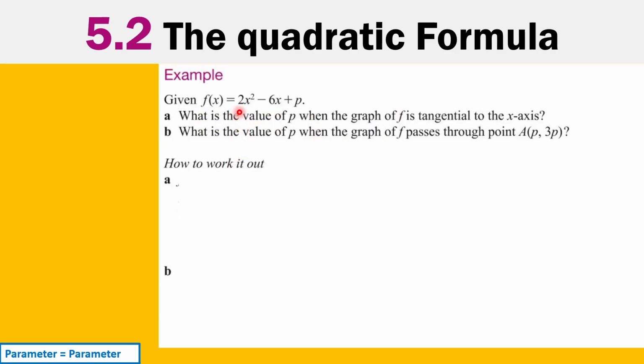Given f(x) equals 2x squared minus 6x plus, my parameter here, p. What is the value of p when the graph of f is tangential to the x-axis? Well, here we have to use our knowledge from theory D. Tangential means that my value of the discriminant has to be 0.